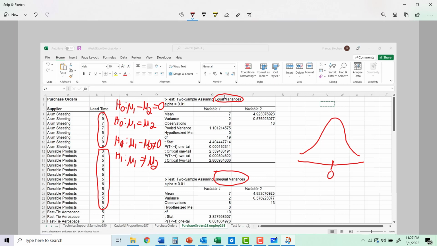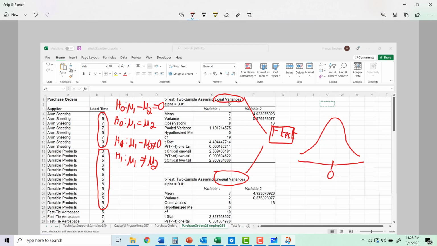Focusing on the exam, you'd need to know the null hypotheses, and again, it's very similar. This isn't on the exam, but we could have done an F-test for equal variances to determine whether we have equal variances or not. But don't worry about that.